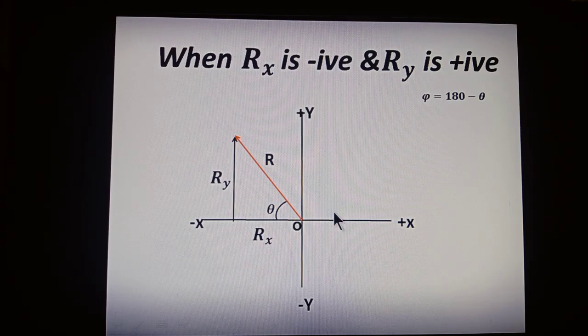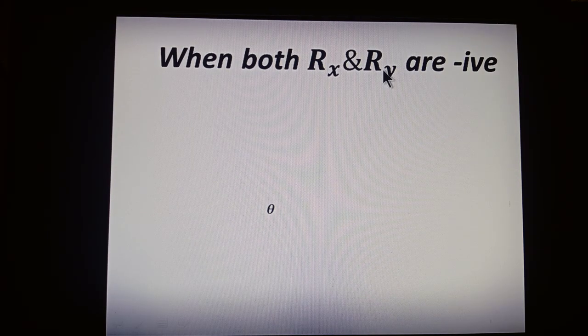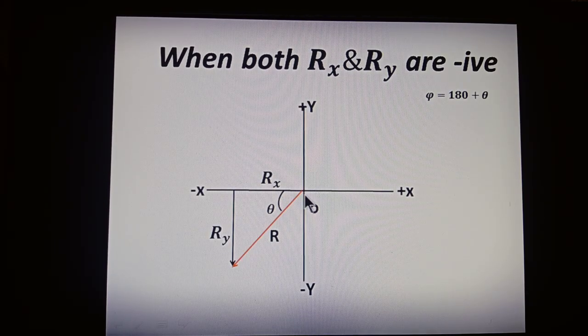Third possibility, when both x and y components are negative, the resultant will lie in third quadrant having both the components negative. In this case, the angle that it makes with the positive x-axis is obtained by adding 180 with theta.